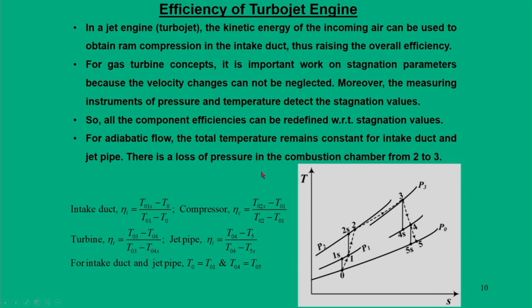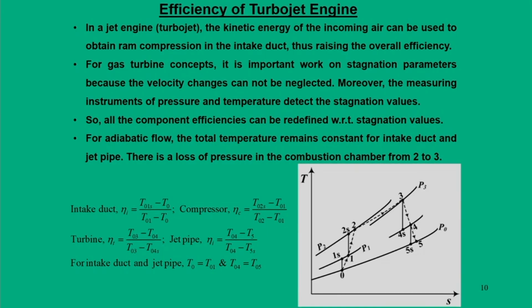Apart from this, let me discuss some other thermodynamic aspects that we typically define for isentropic efficiency with respect to a turbojet engine. In earlier situations, when we define efficiency, we normally do not take into account the kinetic energy or potential energy change in our temperature or pressure calculations.